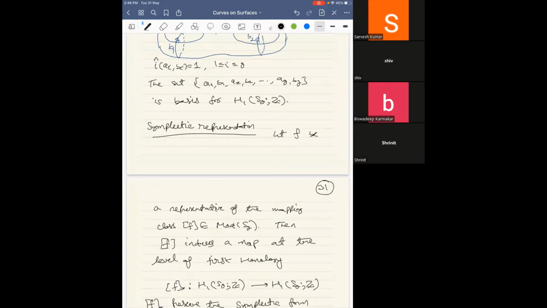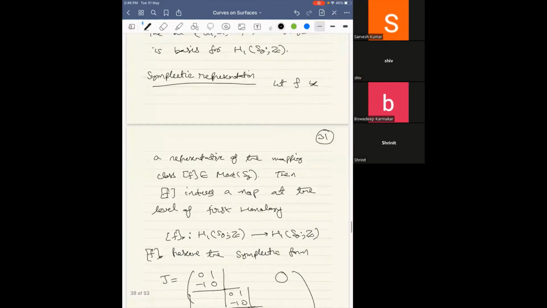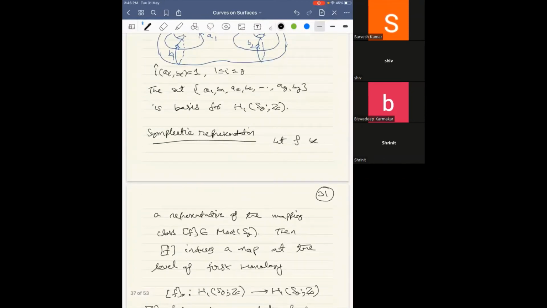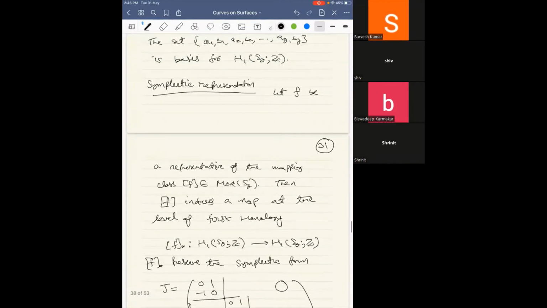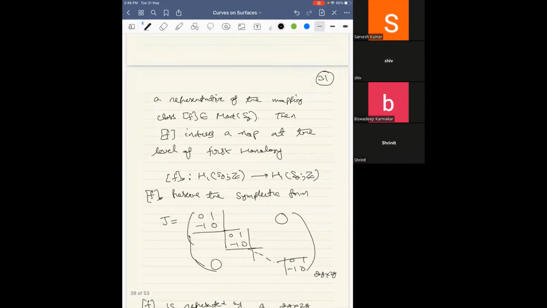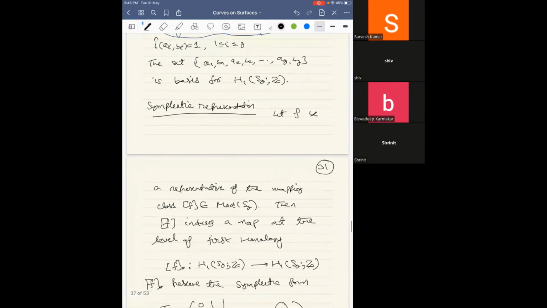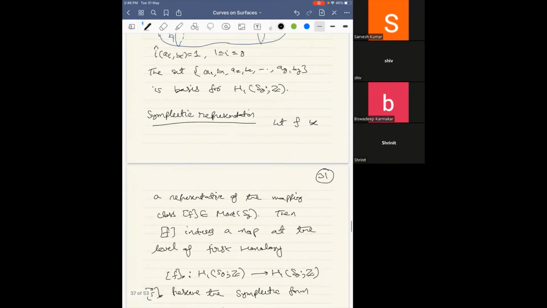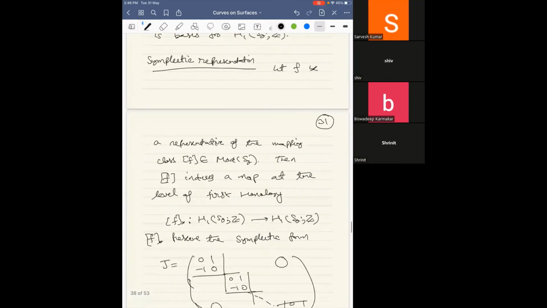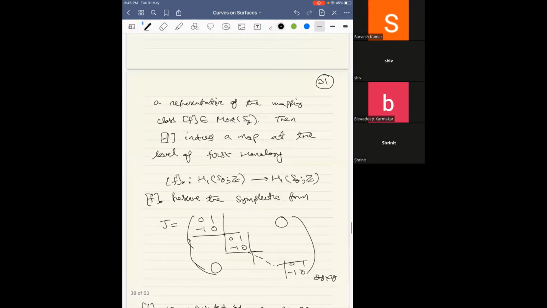So just look at the intersection. The algebraic intersection of a1 with a1, you will get 0. The algebraic intersection of a1 with b1, you get 1. And the algebraic intersection of b1 with a1, you will get -1, and of b1 with b1, you get 0. So that's this first block, and so on, right?